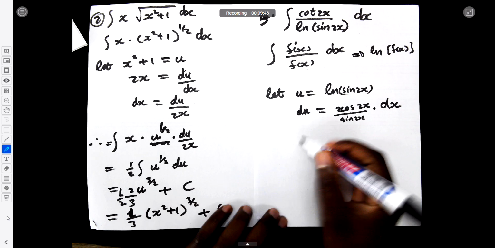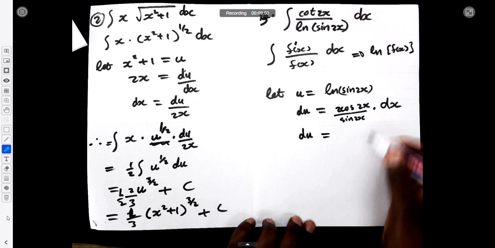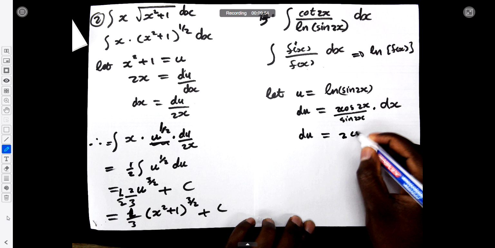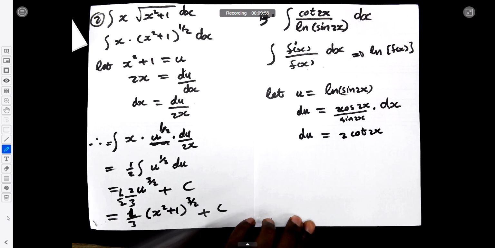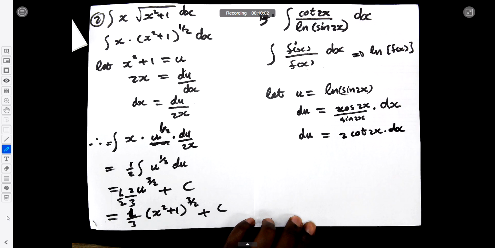Therefore, as we know, we want to make dx the subject of the formula. In the meantime, let us simplify this. We're going to have 2 cot 2x, because cos over sine is cot, multiplied by dx. Let us make dx the subject of the formula.